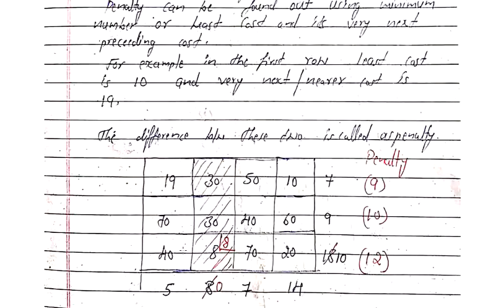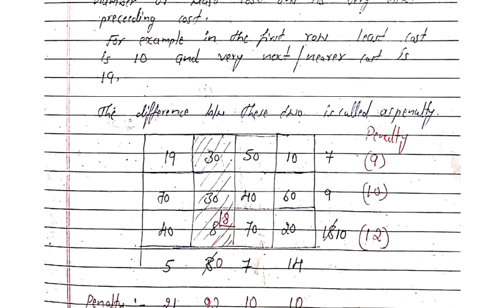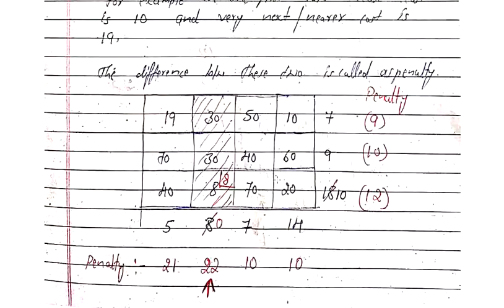Coming to the third row we have 40, 8, 70 and 20. Out of that, 8 is the minimum cost, and the very next cost is 20. So 20 minus 8, 12, is my penalty. Now let us calculate the penalty for each column. Consider the first column, where we have 19, 70 and 40.